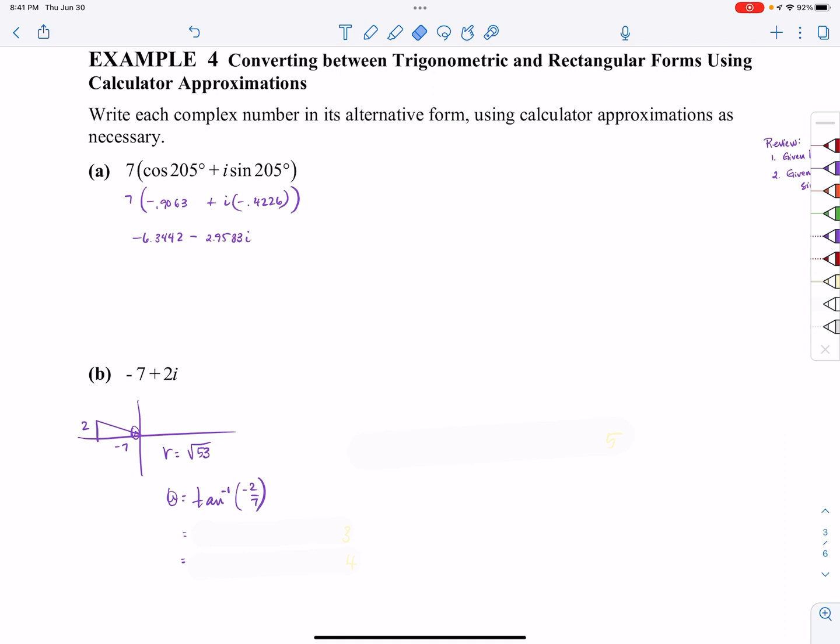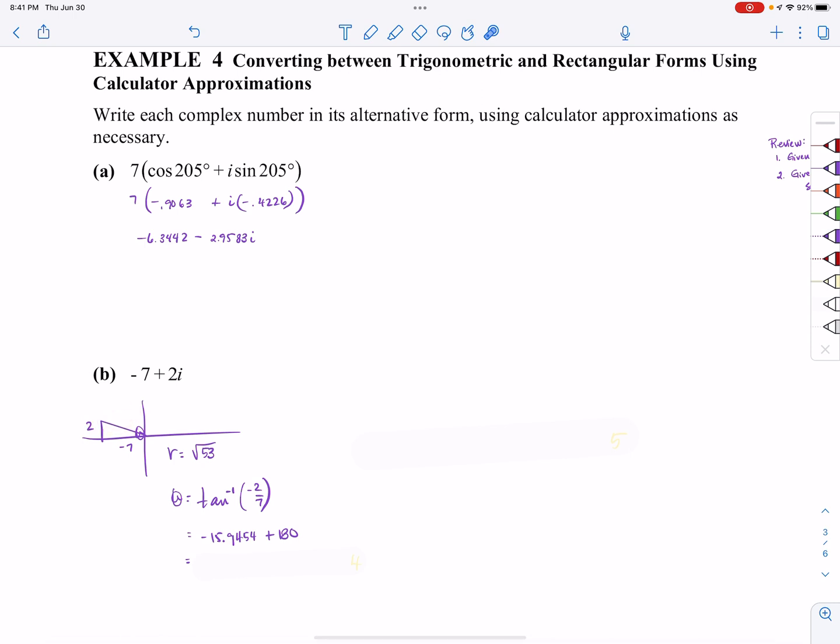We'll use tangent inverse of -2/7. That's going to give us -15.94. Unfortunately, that does not match up with our picture because -15 degrees is down here. So I need to add half a circle. I need to add 180 degrees to get up to the second quadrant. And that'll give me 164.0546 degrees.